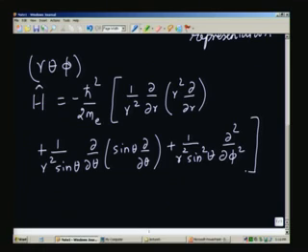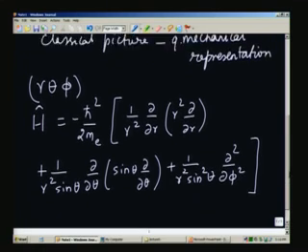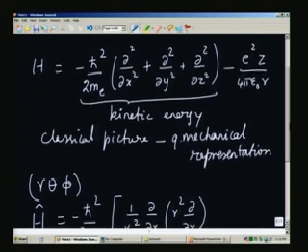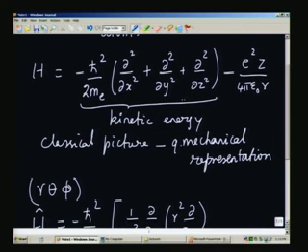This is the polar coordinate representation of the kinetic energy term.